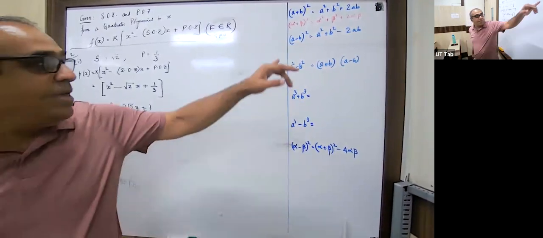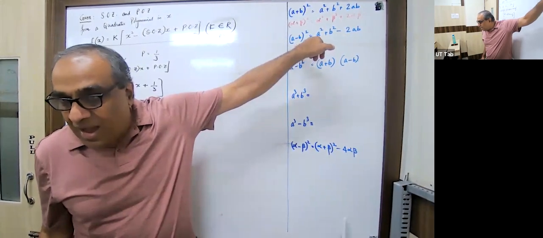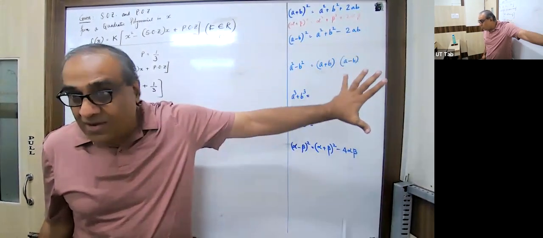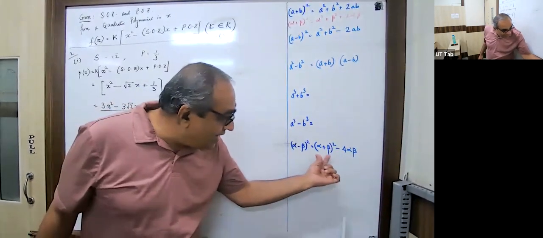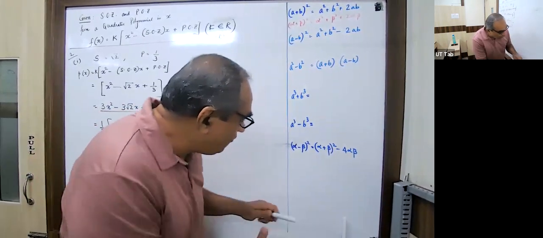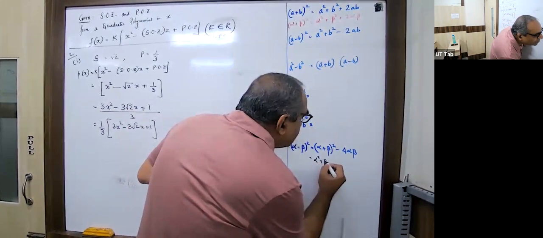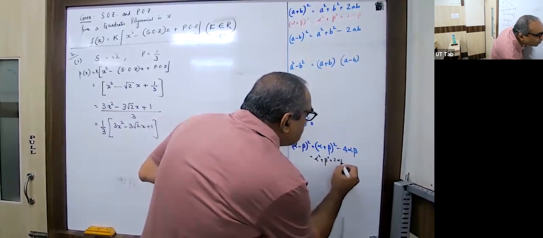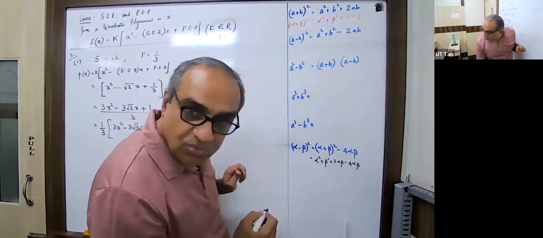Same here, because I did not have the formula for a minus b the whole square, I know the values of a plus b and I know the value of ab, so I have created my formula with what I have. Now, if you were to open this, you have got alpha squared plus beta squared plus 2 alpha beta minus 4 alpha beta, yes or no?